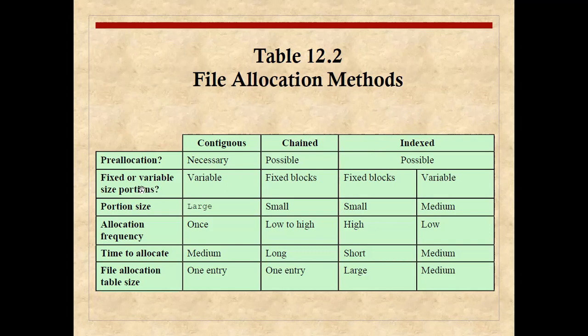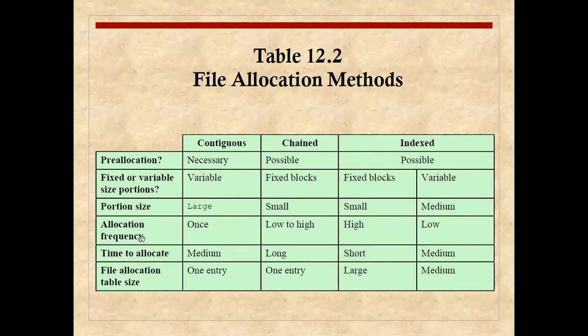Fixed or variable size portions: here variable size portions are there. Chained may have fixed blocks or variable blocks. Portion size: large here, small here, it may be small or medium.